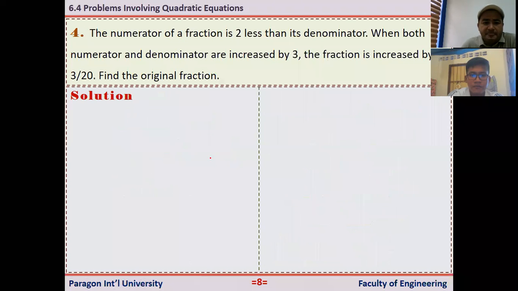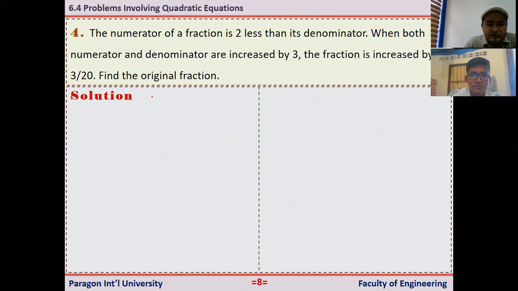Another example, question 4 from exercise 6F. The numerator of a fraction is 2 less than its denominator. When both numerator and denominator are increased by 3, the fraction is increased by 3 over 20. Find the original fraction. First, the numerator of a fraction.